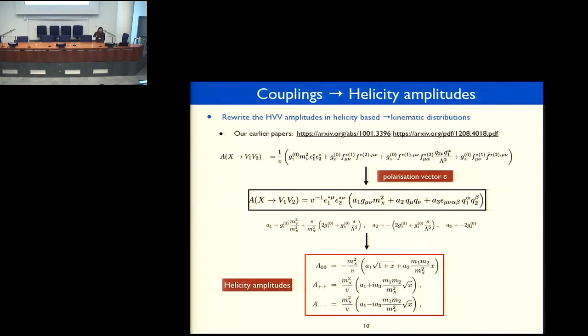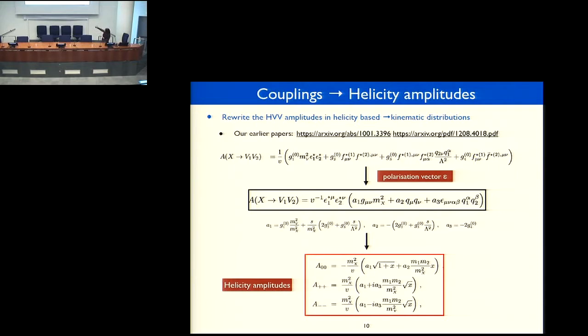This has frequently been done in collider physics, and the bridge is what we refer to as the helicity amplitude. Basically, if you look at a spin-zero particle decaying to two vector bosons, you can write down the helicity amplitudes as 0,0, plus,plus, minus,minus, and these helicity amplitudes, which I'll show you later, connect with the angular information.